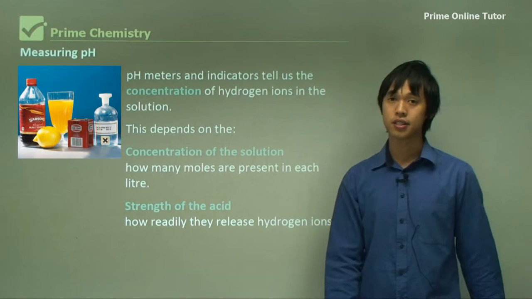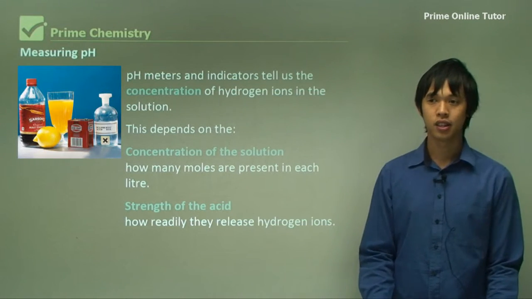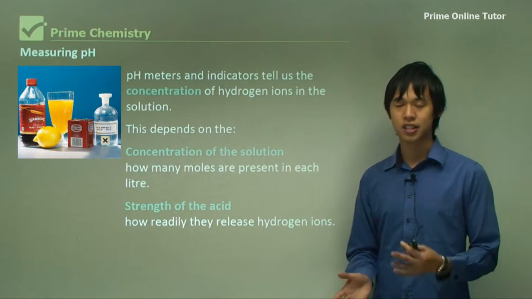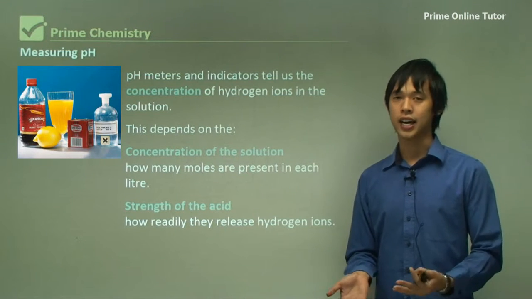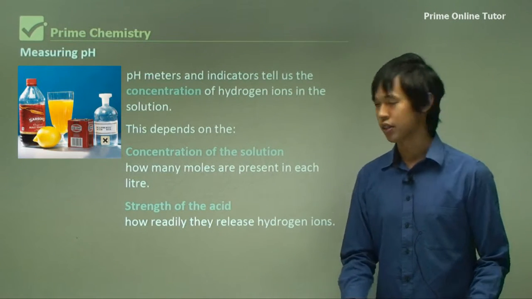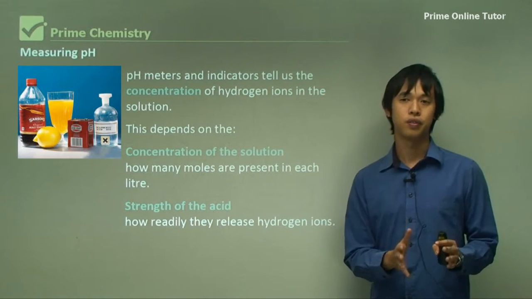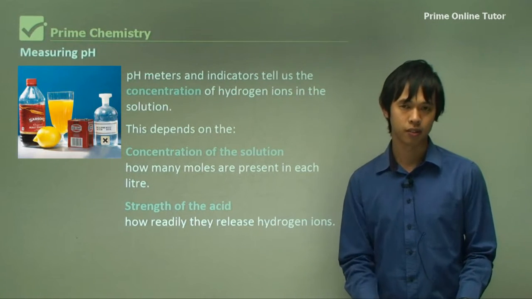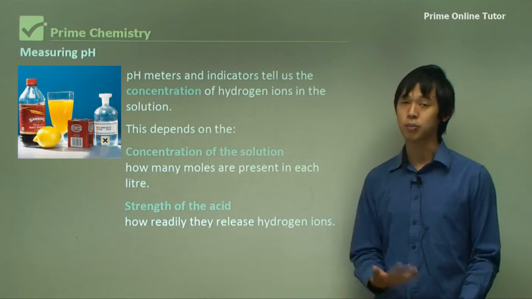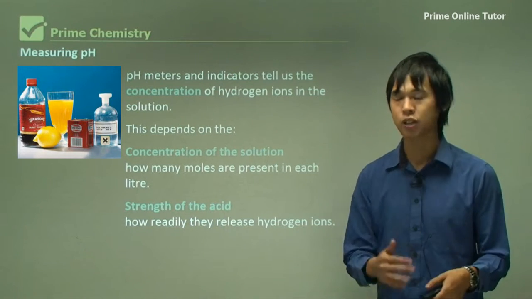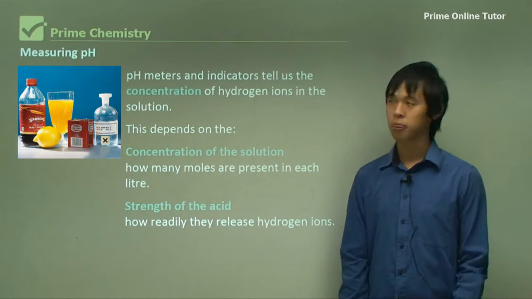However, some acids don't want to release their hydrogen ions. If there are no hydrogen ions in the solution, you can't actually get any acidity. So if it's a very weak acid, it will have very few of its hydrogen ions in the solution. Okay? So the pH measurement will depend on this.